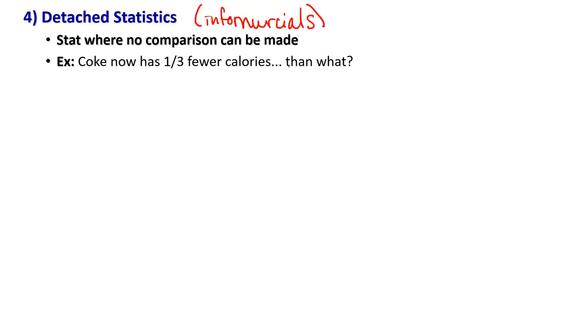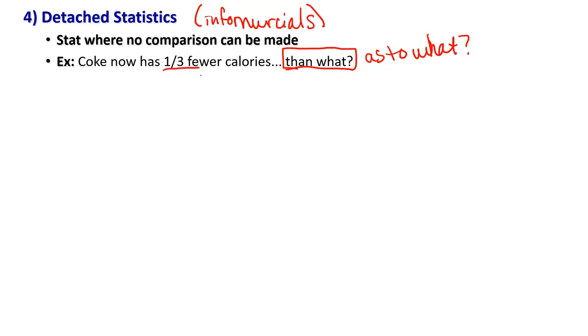And these kinds of infomercial sayings always leave you with, then what? Compared to what? Or what did it used to be? That's a detached statistic: they're not using any kind of comparison when they say that it's better or less than. They're assuming than it was before, but they didn't even make the comparison. So that's a misuse of a detached statistic.